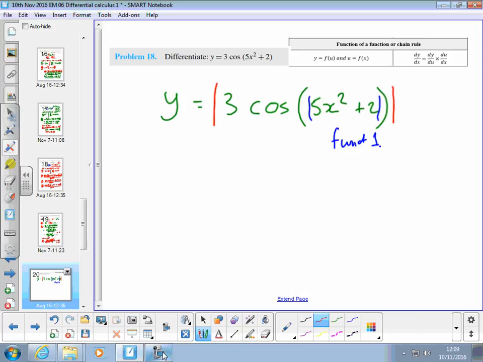So what we do here is let u equal 5x squared plus 2, the bit inside the cosine function.